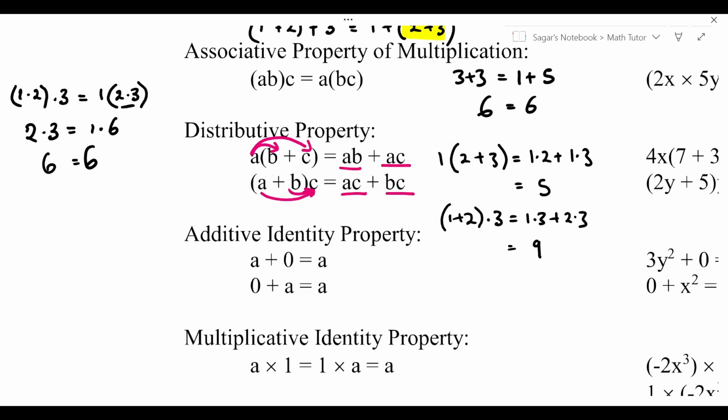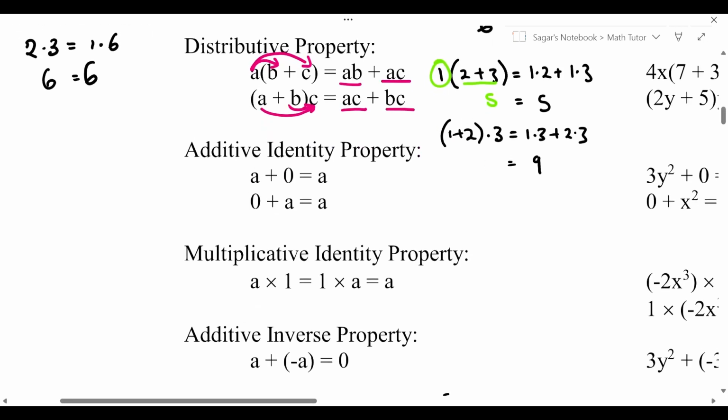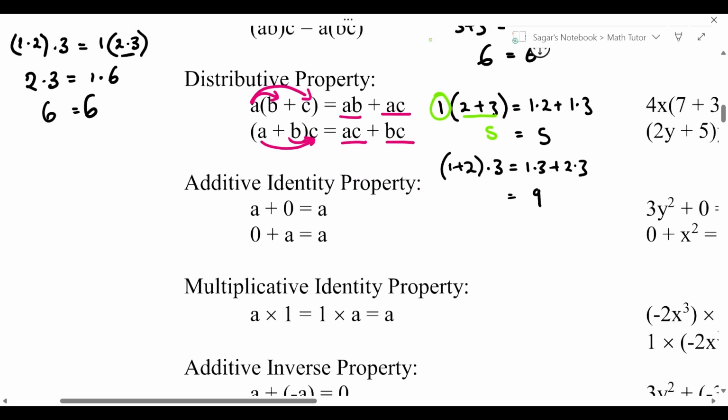You see the left side and the right side are equal. In brackets 2 plus 3 is 5, so that's fine. The second one, in brackets 1 plus 2 is 3, 3 times 3 is 9.